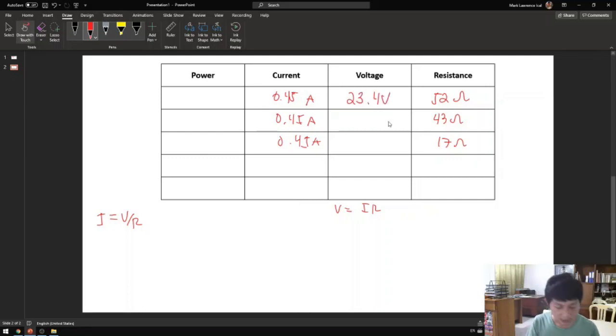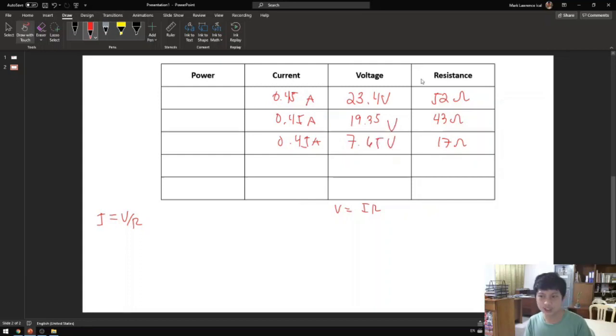And 0.45 times 43, we have 19.35. We have 0.45 times 17, we have 7.65.